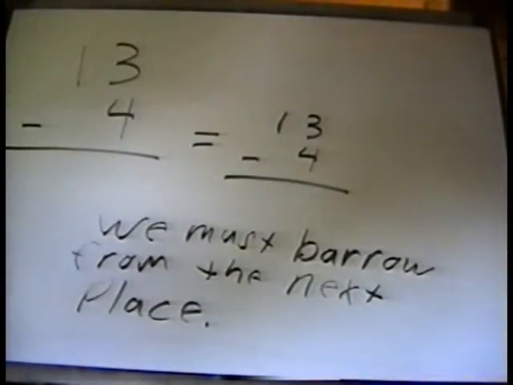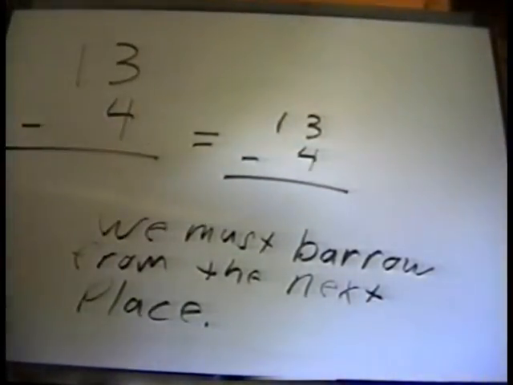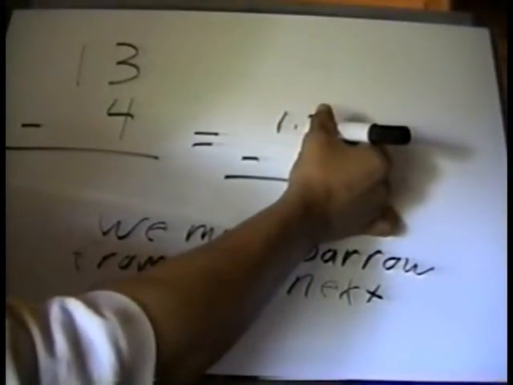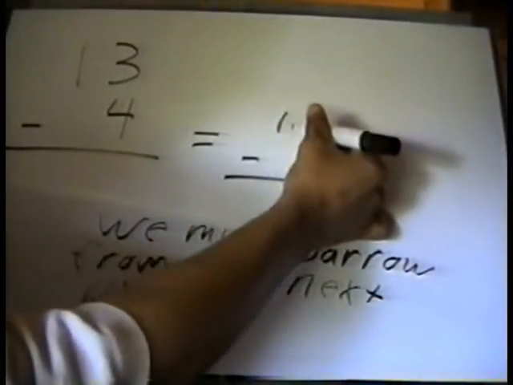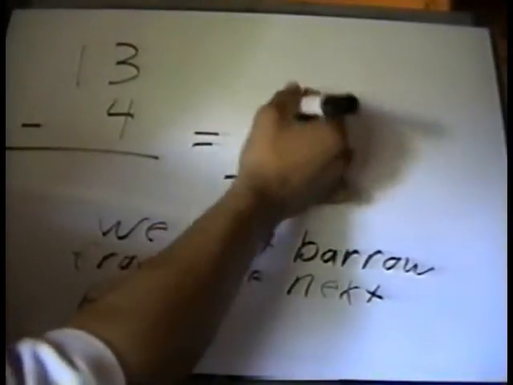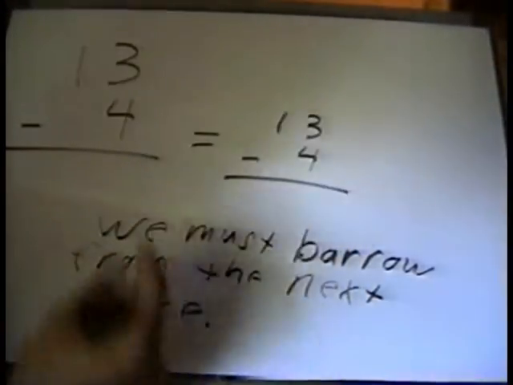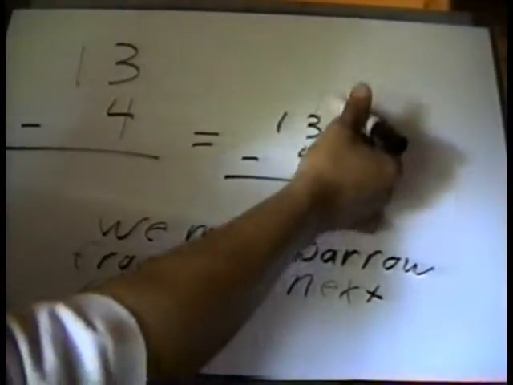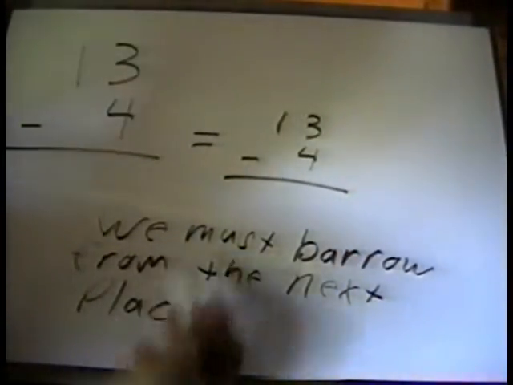From the next place. You must borrow from the next place, okay? Now, usually when we borrow, we X out the number, we put a line through here to say that that's 0.